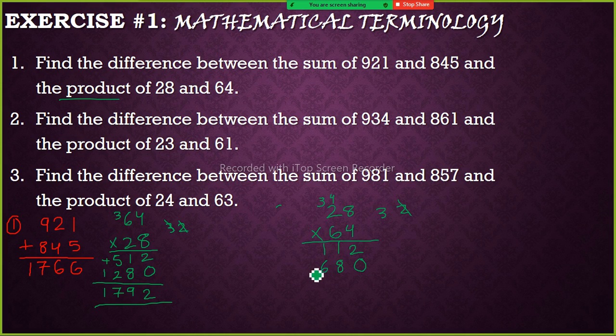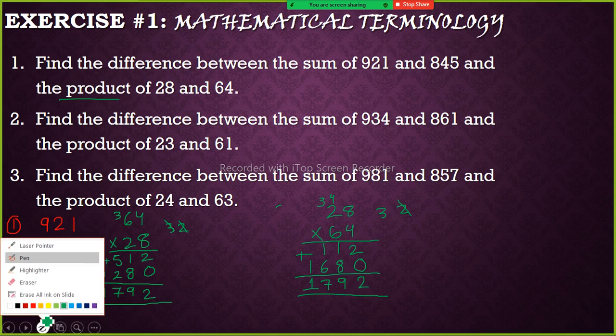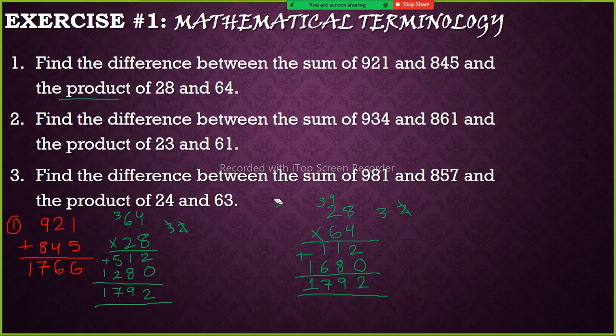So 16 plus 2. 2 plus 0 is 2. 8 plus 1 is 9. 6 plus 1 is 7. 1 plus 0, yeah, so 1792. Good. We got the same answer both ways.